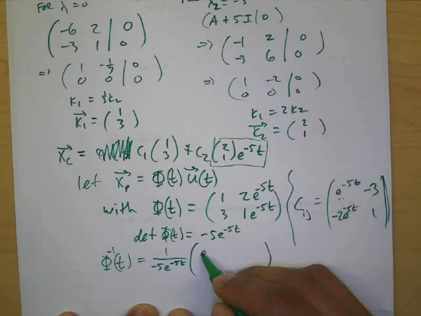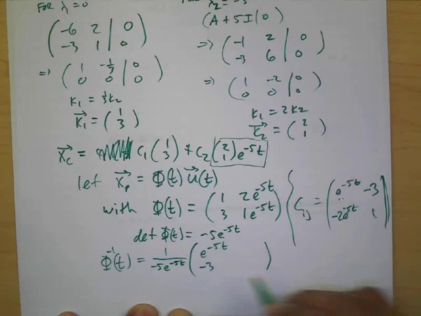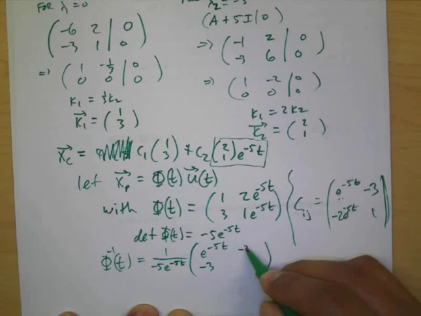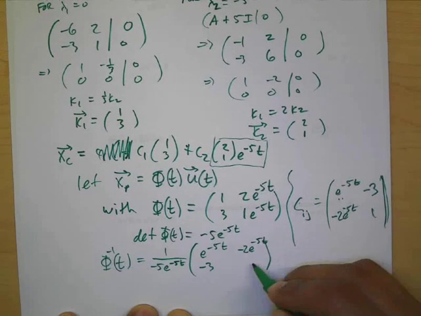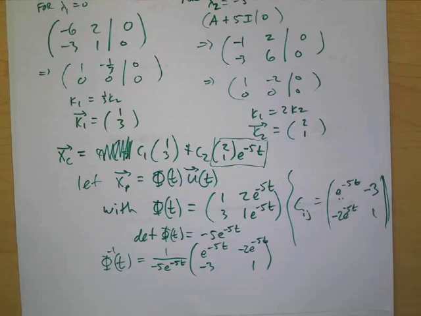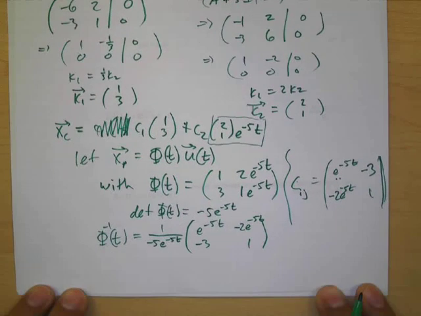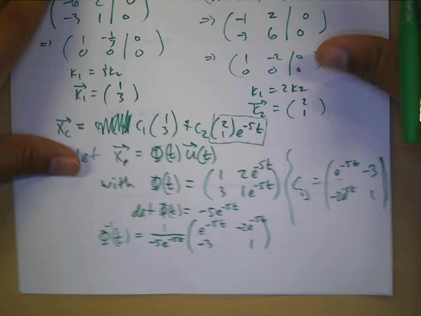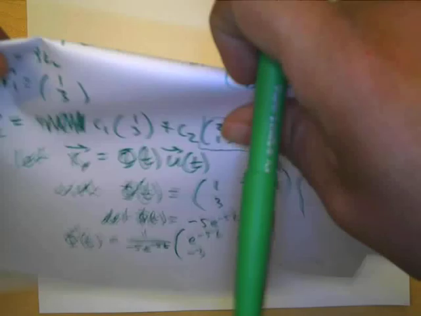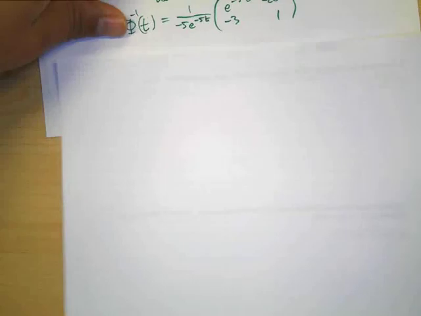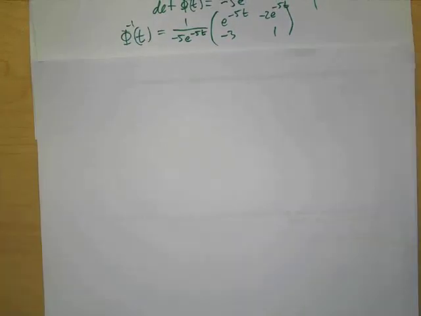So that'll be e to the negative 5t, negative 3 for the first column, negative 2 e to the negative 5t, and then 1 for the second column. So far, so good? Okay.